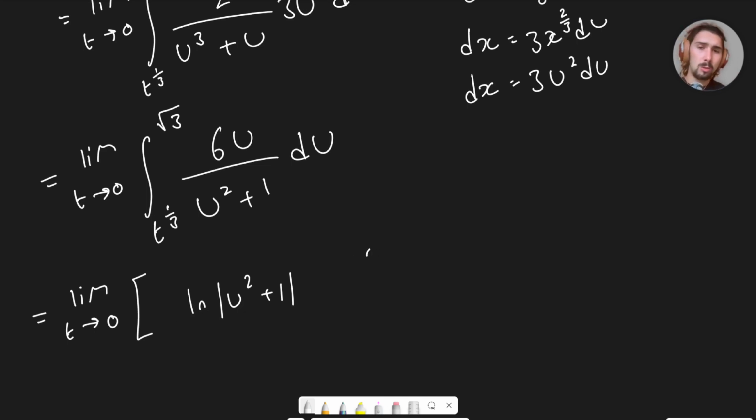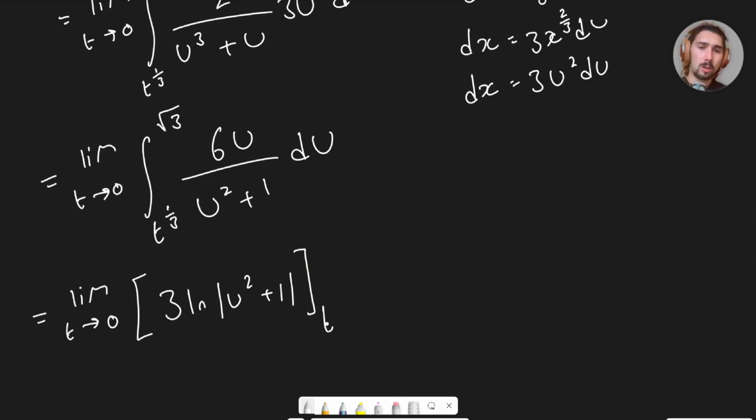Well, it's going to be 2u over u squared plus 1 because of the chain rule, okay? And we don't have 2u over u squared plus 1. We have 6u over u squared plus 1. So in order for it to differentiate to 6u over u squared plus 1, we need a 3 out here. Okay, that's how we know how to do that. Okay, that's the fast way.